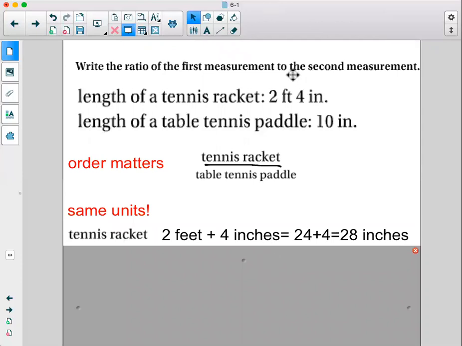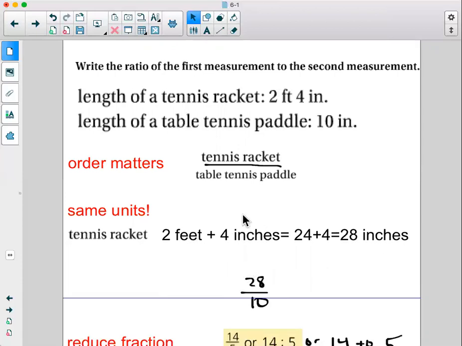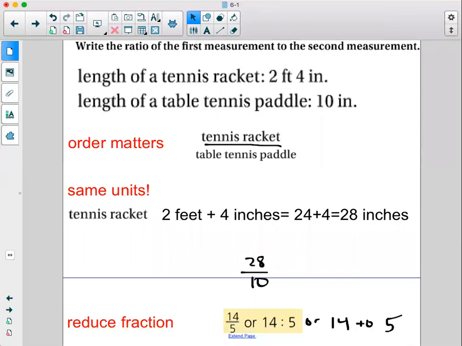And so we have to convert 2 feet and 4 inches into just inches. 2 feet, 2 times 12 is 24 inches, plus these 4 inches gives us a total of 28 inches for that tennis racket. And the table tennis paddle's already in inches. So now we can set up our fraction in the order here, 28 to 10, and our last step is to reduce the fraction, and we could express the ratio in three different ways.